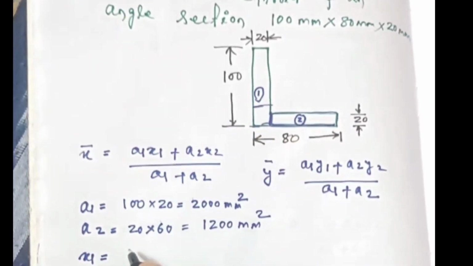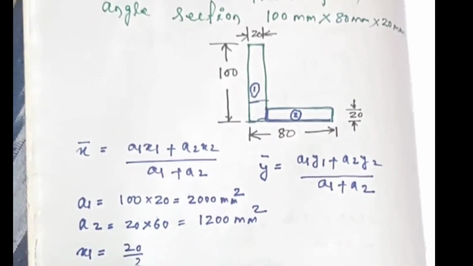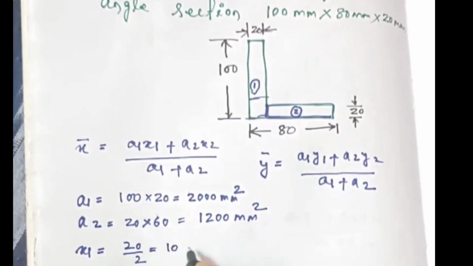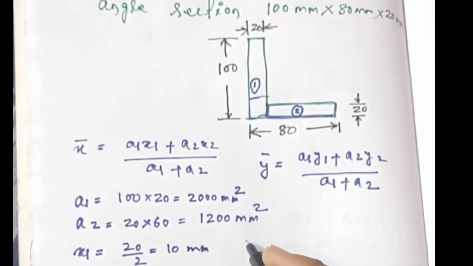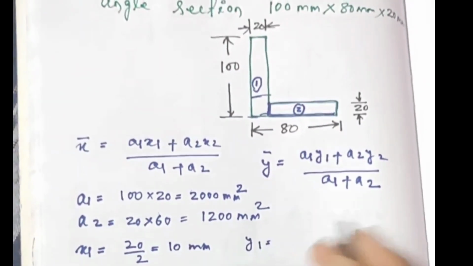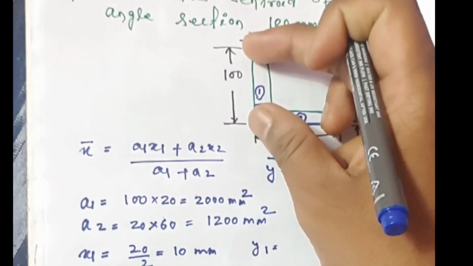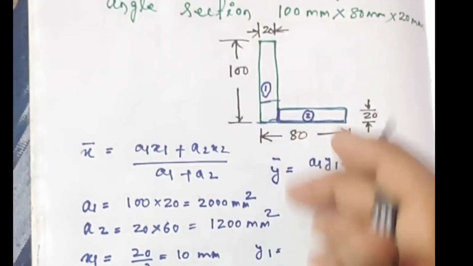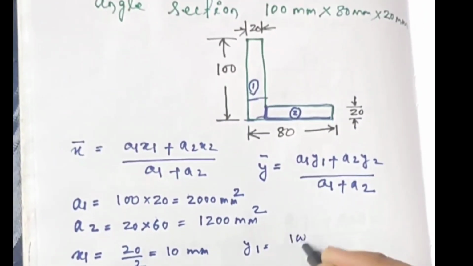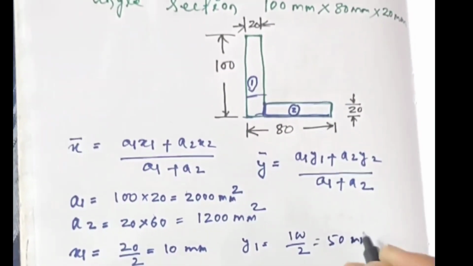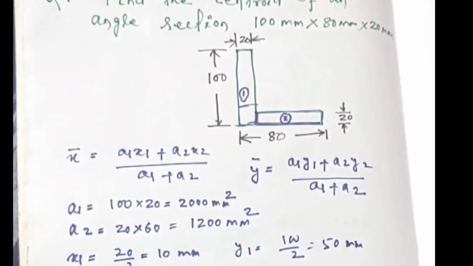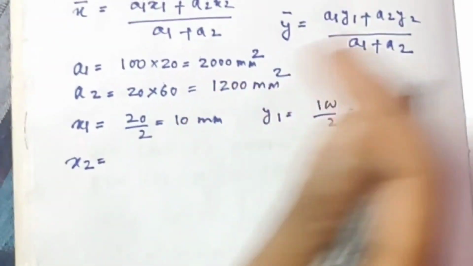It is 20, so half of it, 20 divided by 2, is equal to 10 mm. Okay. Now, what is y1? Y1 is equal to half of this height, 100 mm divided by 2, that is 50 mm.